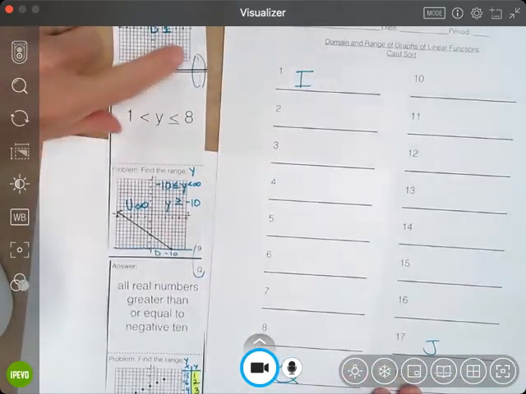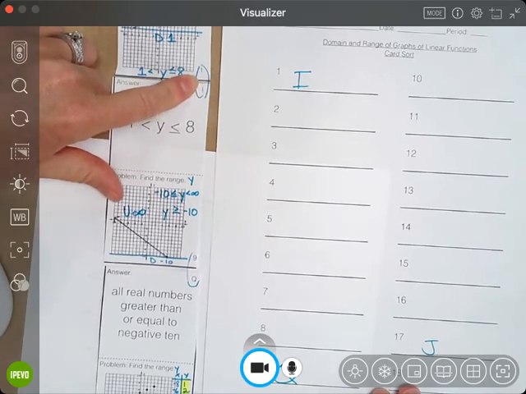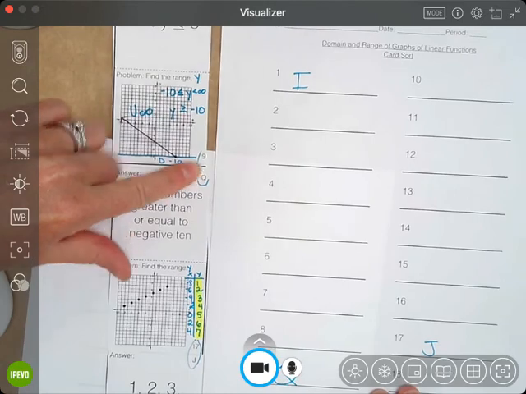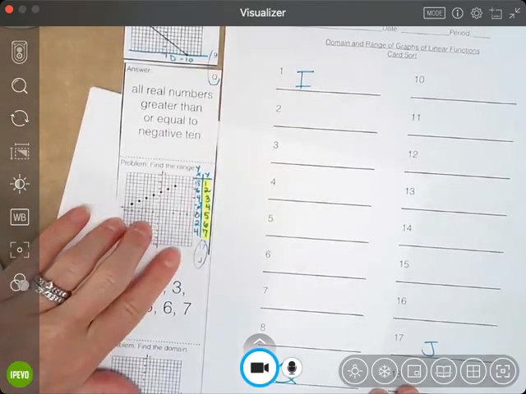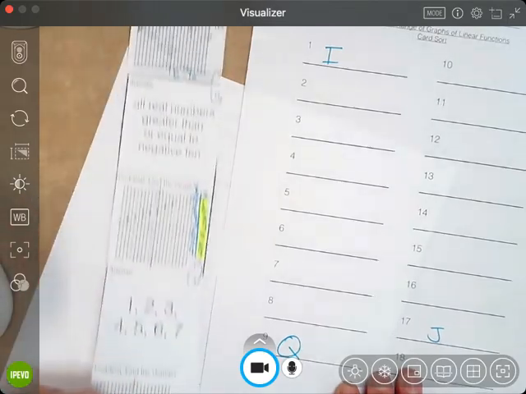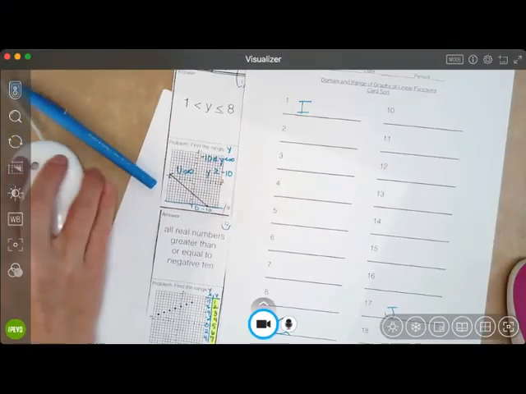You're going to match the letter with the number that you taped together. I is with 1, Q is with 9, J is with 17, and so on. Then you'll do 10 is with whatever. And that is it.